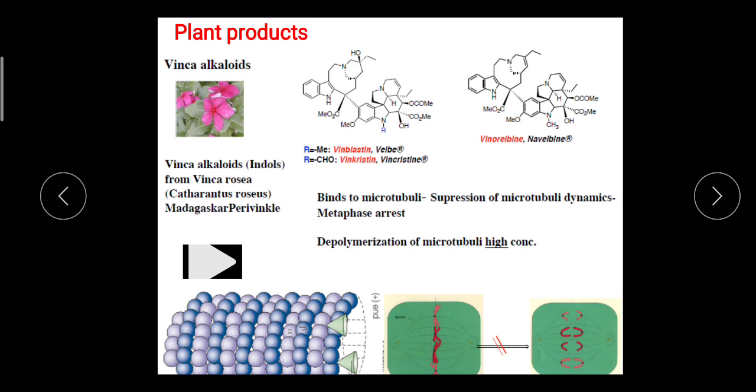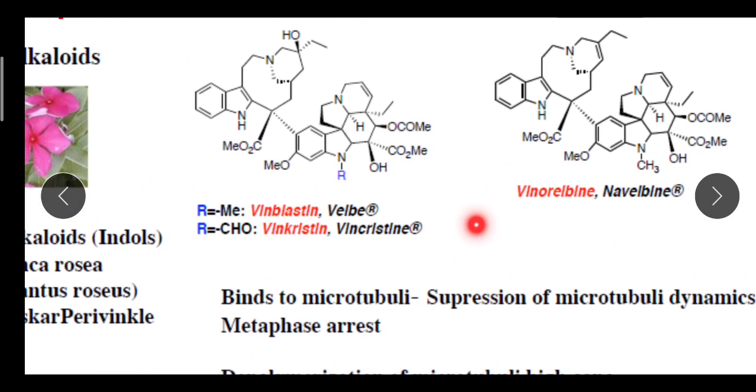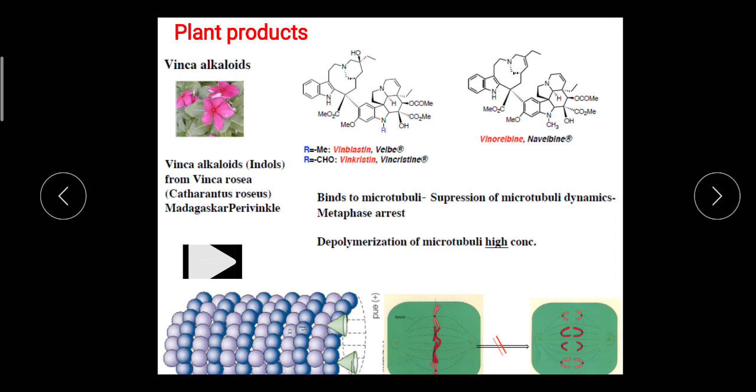These alkaloids have an indole nucleus, so they are called indole alkaloids. Two drugs under this class are vincristine and vinblastine, which are in your syllabus. Here this nucleus is the indole nucleus, so they are called indole alkaloids.